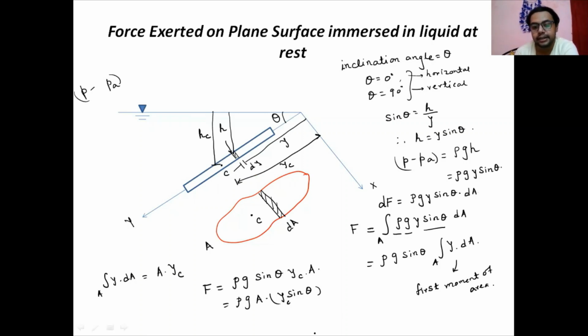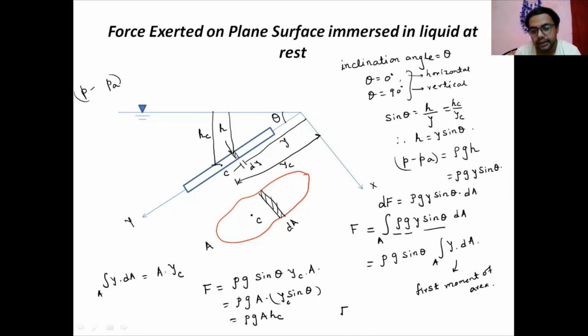So yc sine theta is nothing but the depth, because of the same formula, hc by yc is sine theta. So rho g A hc. That is the force exerted on the plane surface immersed in the liquid.